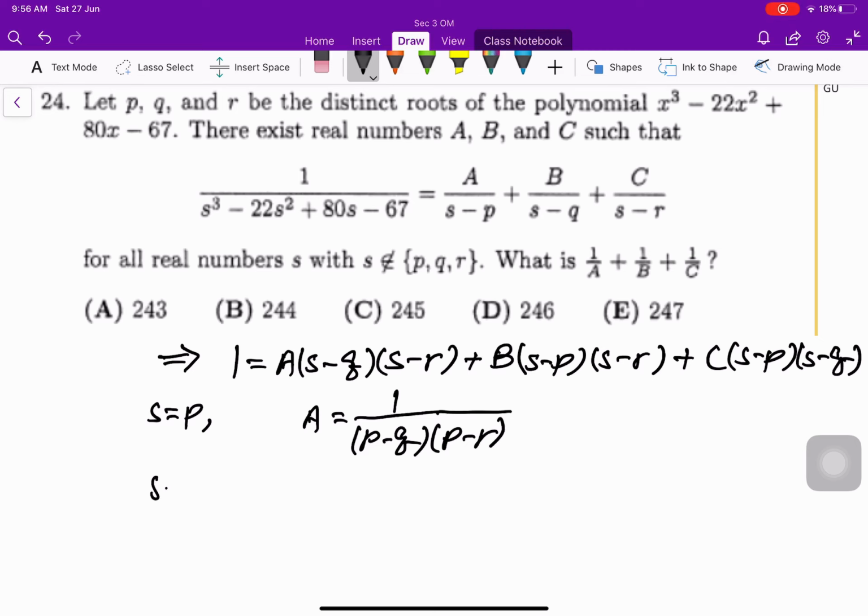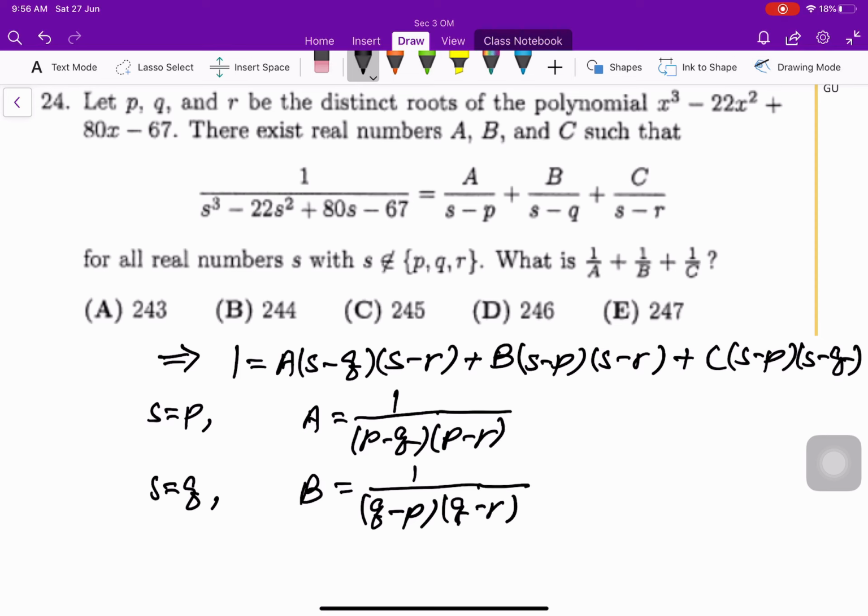Then after that, you can replace your S by Q, and you will get B. Your B will be just equal to 1 over (Q minus P) times (Q minus R).